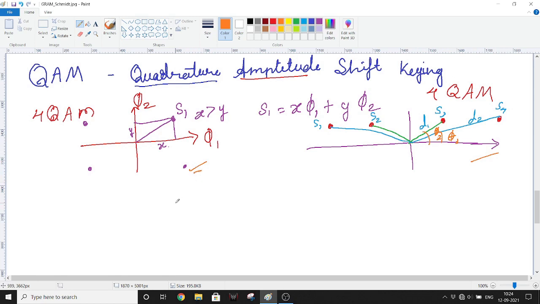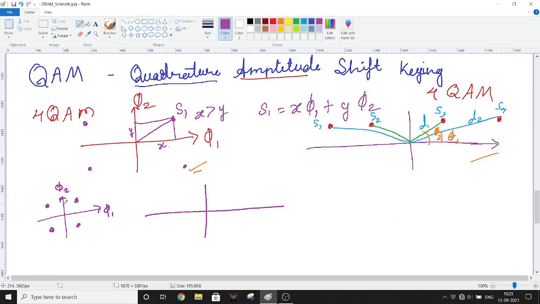We shall see how traditionally different QAMs are represented. Starts with 4. So phi 1 and phi 2 are in phase and quadrature phase, which will be always there with all the things.